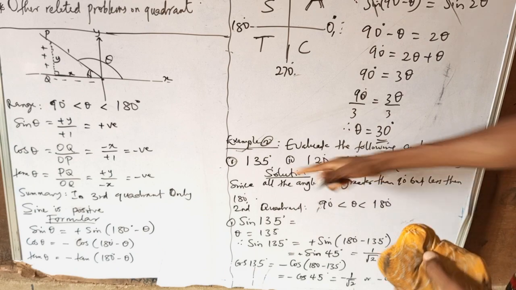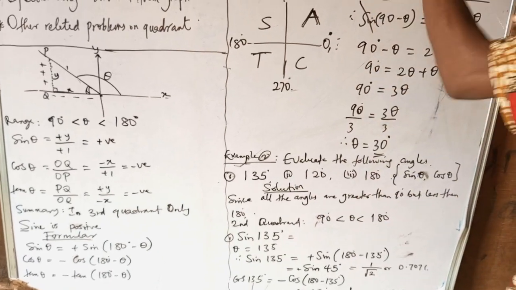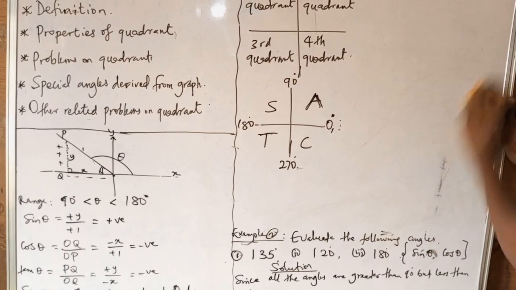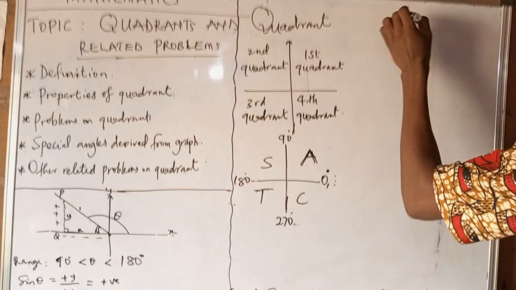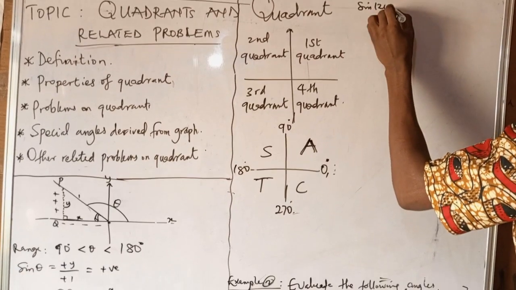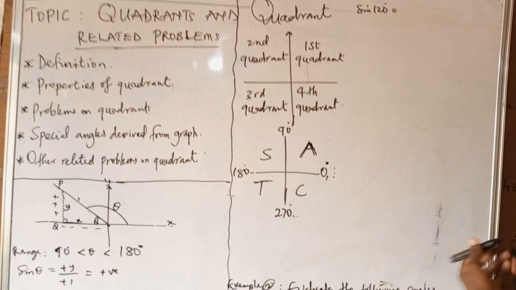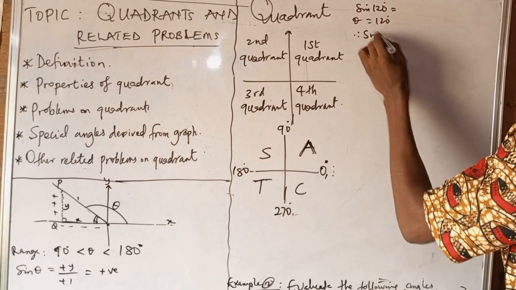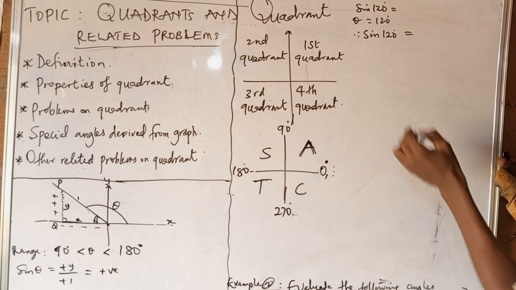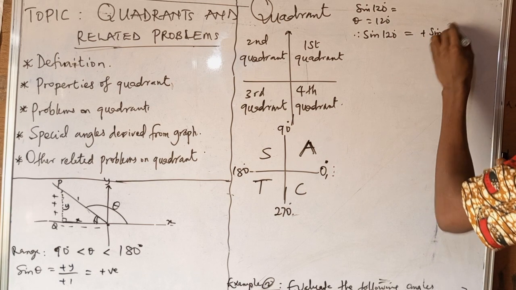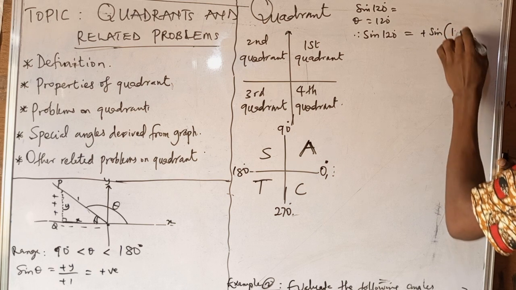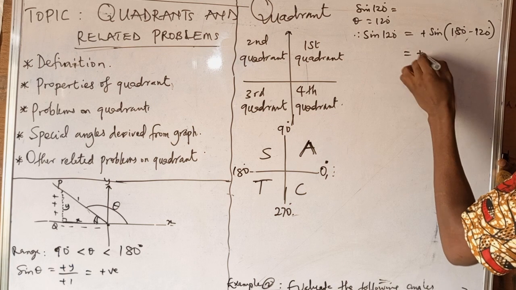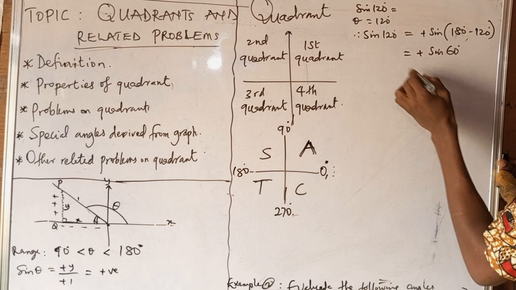Now let me take one more, 120. We're looking at sine 120 degrees. Still following the same procedure, our theta is 120 degrees. So therefore, sine 120 degrees is equal to plus sine into 180 degrees minus 120 degrees. That gives me plus sine 60 degrees.